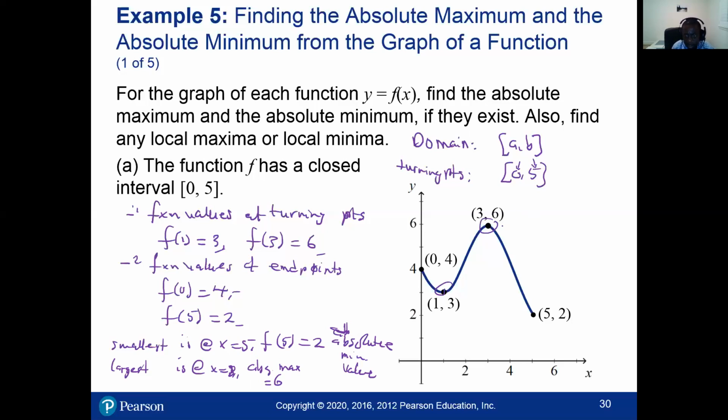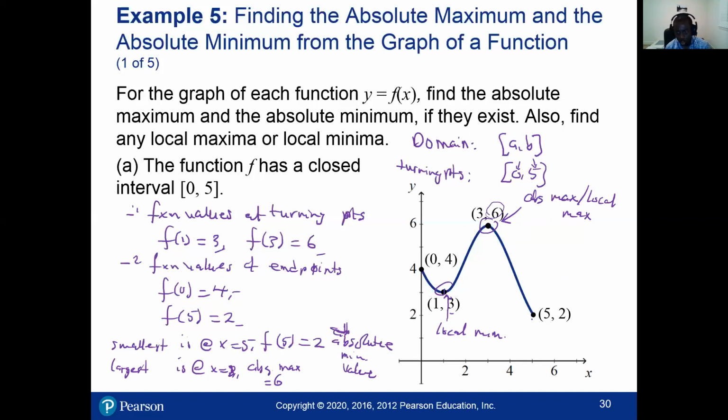This point here is both the absolute maximum and also a local maximum. There's only one local minimum, this point, and the local minimum value is 3. The absolute maximum and local maximum value are the same: 6 at x equal to 3.